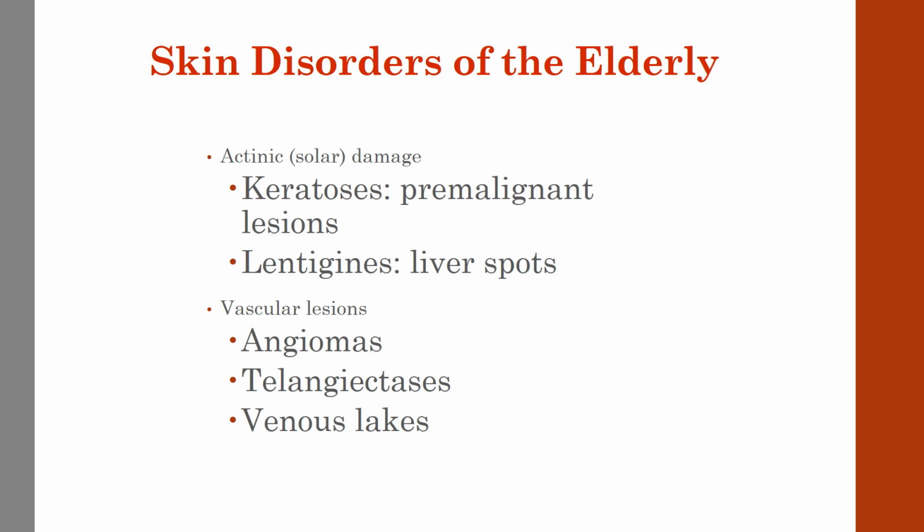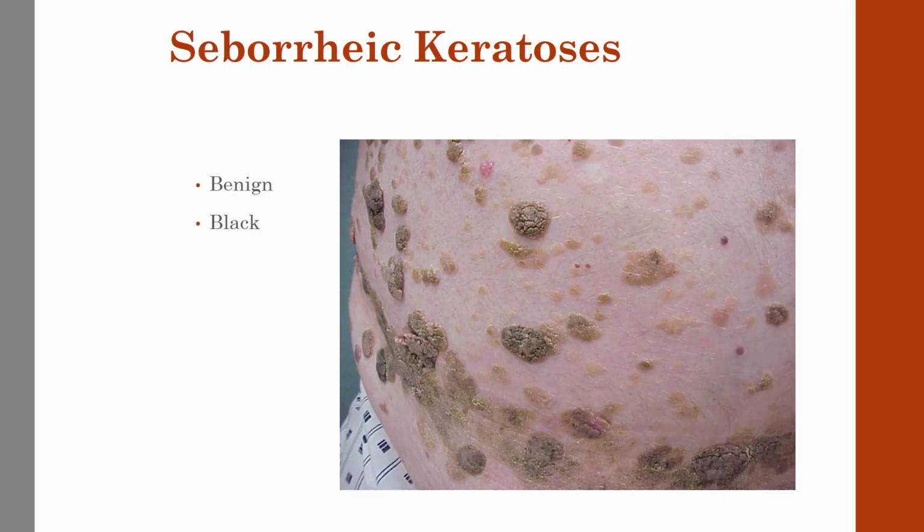Both of them are AK. Okay. So vascular lesions, angiomas, telangiectasias, and venous lakes, same things. Okay. AK, actinic keratosis, is a premalignant lesion. That's what I'm talking about. SK is on the next slide.